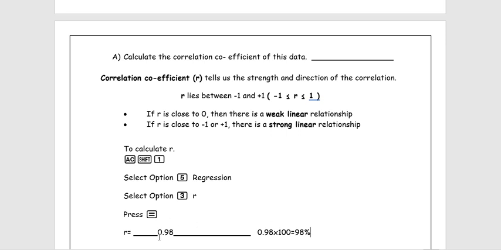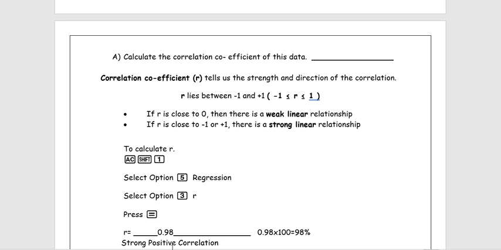So, if we have a look at this, how would I answer that question? What is my correlation? My correlation is going to be a strong positive correlation.